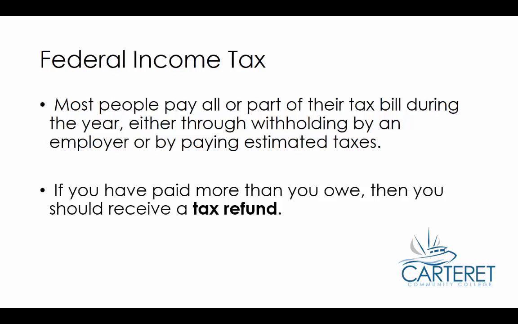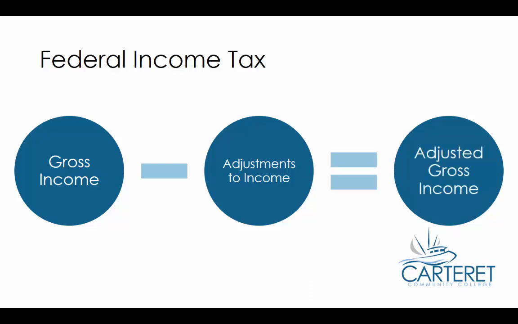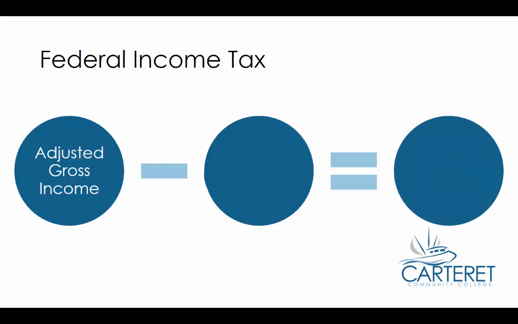Let's recap. We start with our gross income. We subtract any adjustments to that income. These are contributions to those tax-deferred savings plans, which winds us up with the adjusted gross income. From the adjusted gross income, we subtract any deductions and exemptions, which gives us our taxable income.